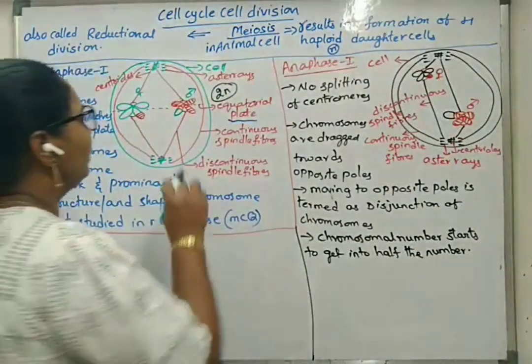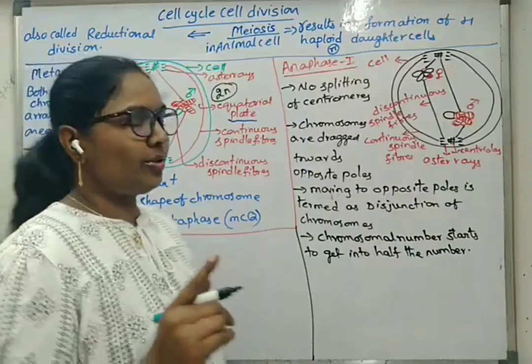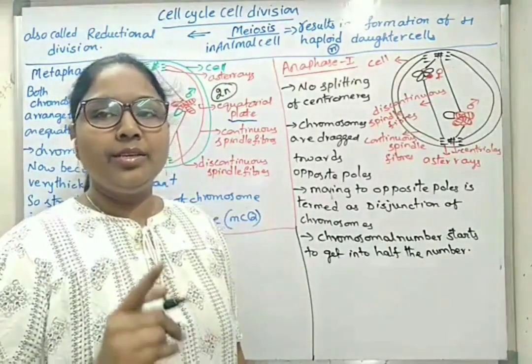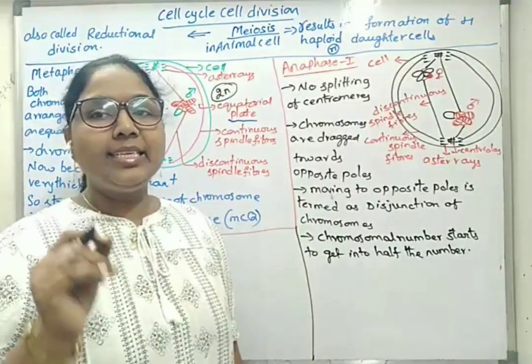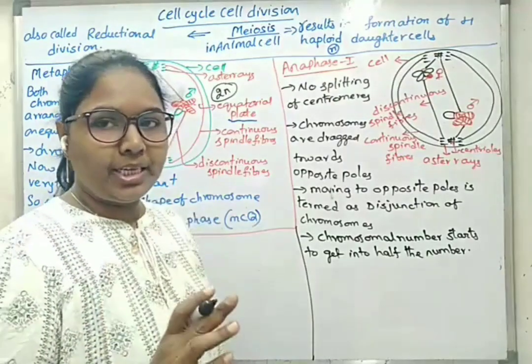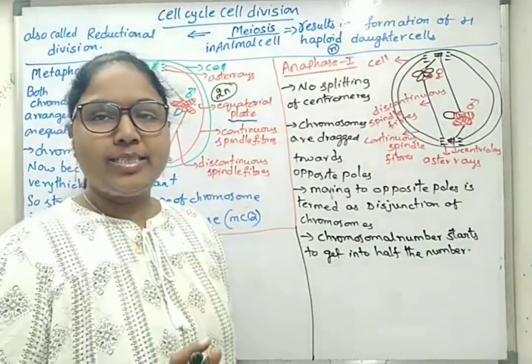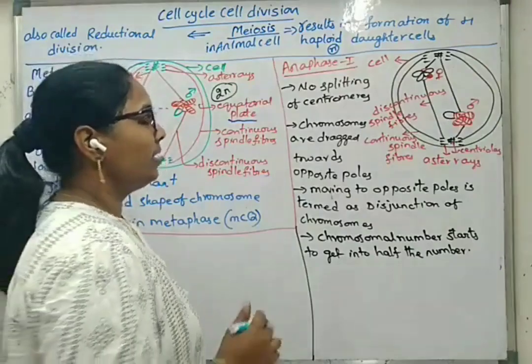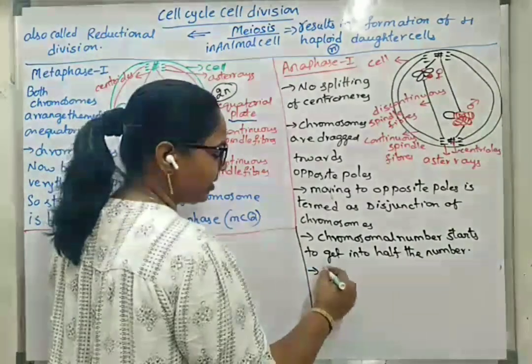Now, in mitotic division in anaphase, we have seen formation of interzonal spindle fibers. But in case of anaphase 1, there is no formation of interzonal spindle fibers.